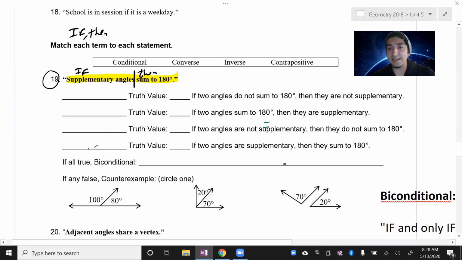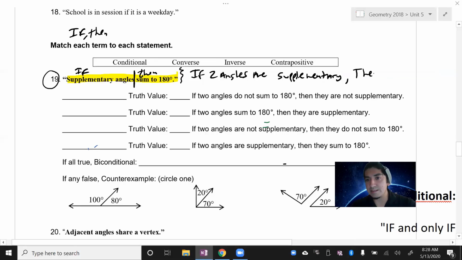if you're trying to piece these together, let's write it out. So if two angles are supplementary, then they sum to 180.